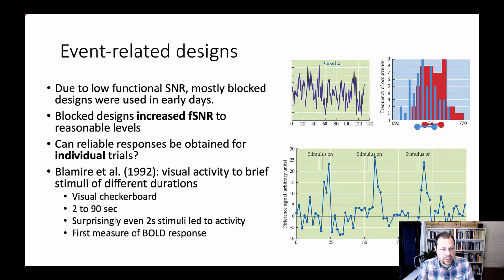So let's consider event-related designs in a little bit more detail. In the early 90s, it was known that the MRI scanner offered only low functional SNR, such as illustrated here in this figure, where the signal was difficult to identify from the background noise, leading to a very low signal-to-noise ratio.